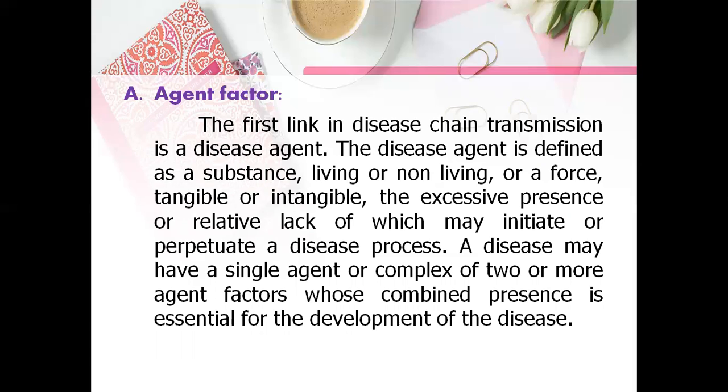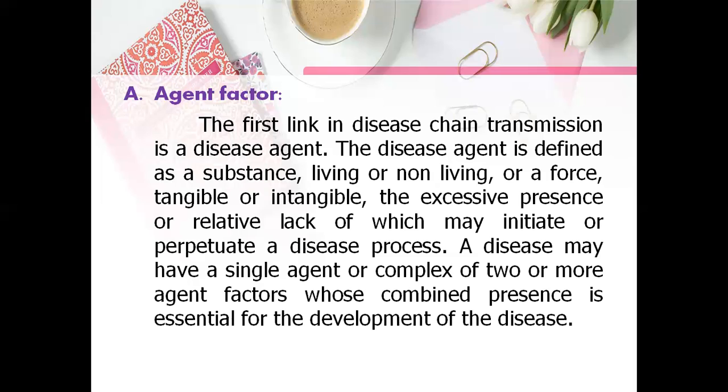The disease agent is defined as a substance which can be living or non-living, or a certain force, and it can be tangible or intangible. It can be because of the excessive presence of that substance, or because of its relative lack, and it can initiate or perpetuate the disease process.